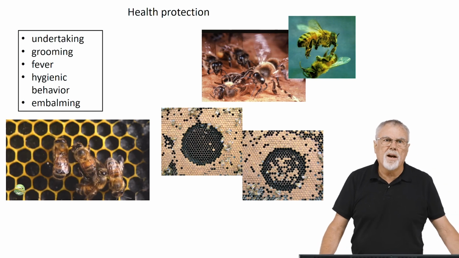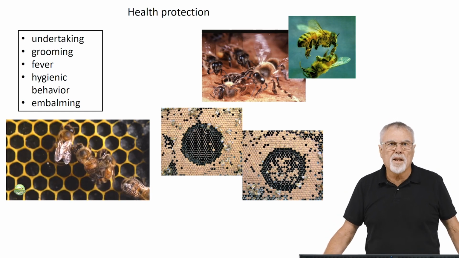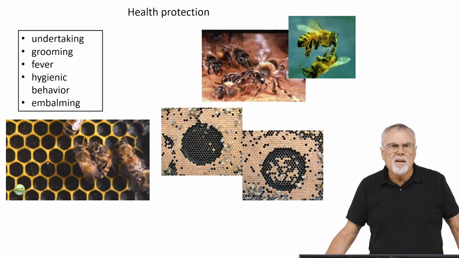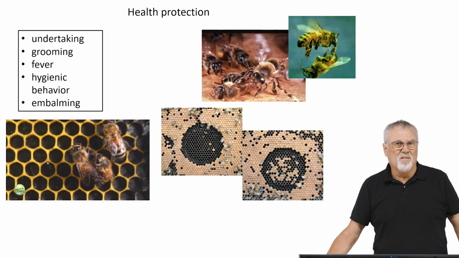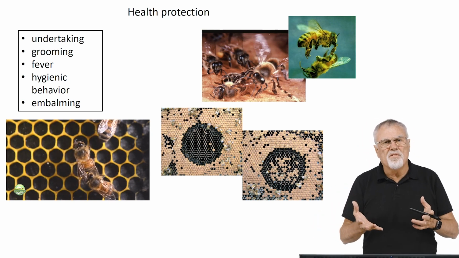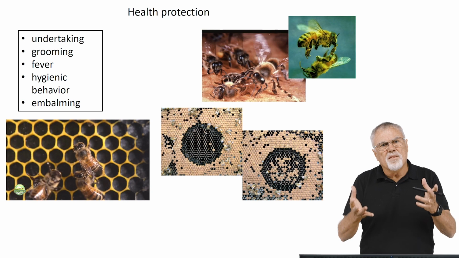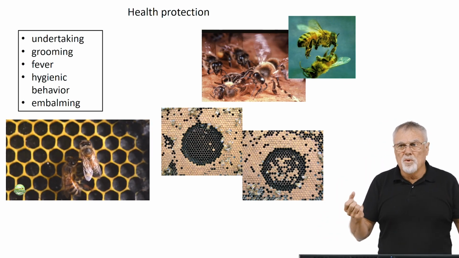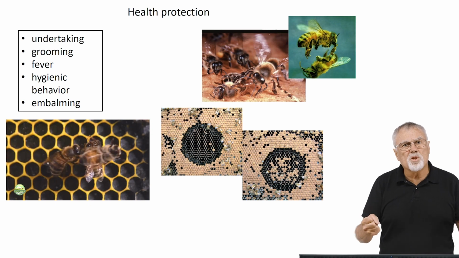They also protect the health of the colony. They engage in undertaking behavior, grooming. They will raise the temperature of the brood nest and generate a fever in the case of certain types of diseases where the pathogen is sensitive to temperature.